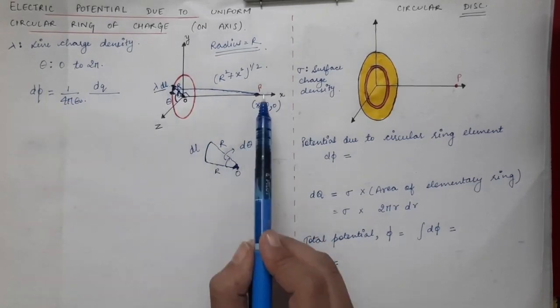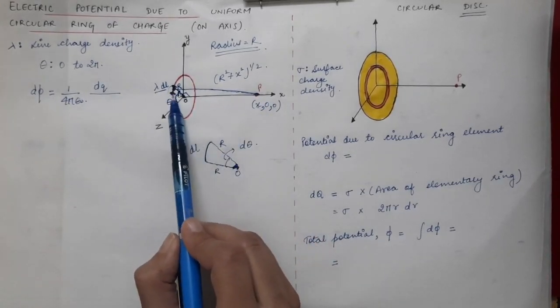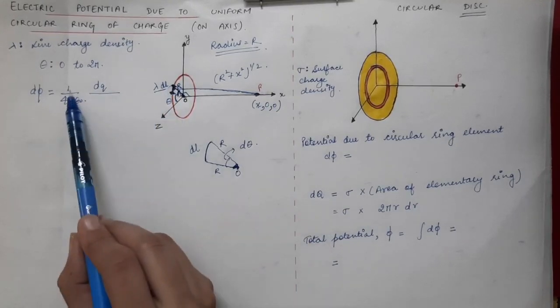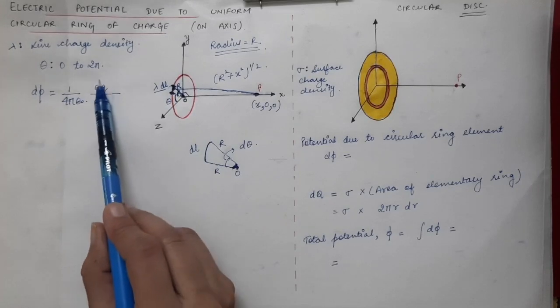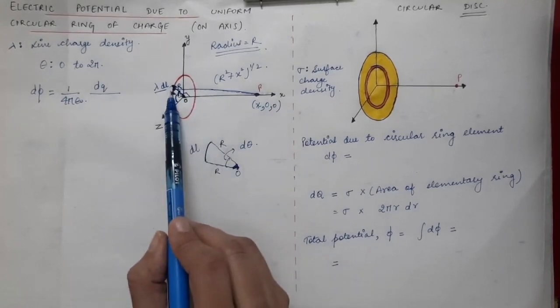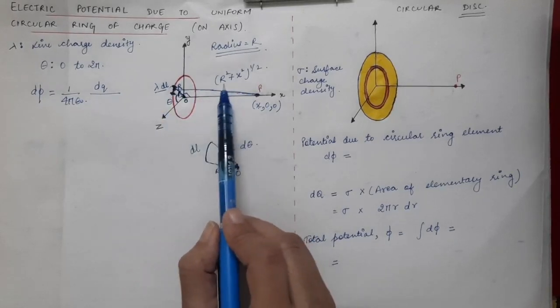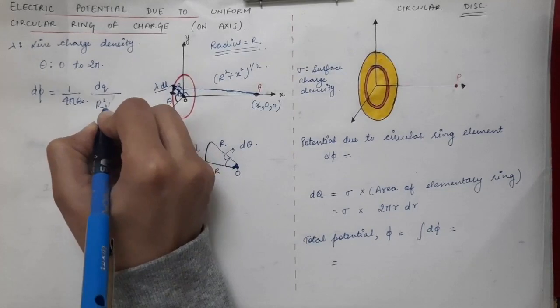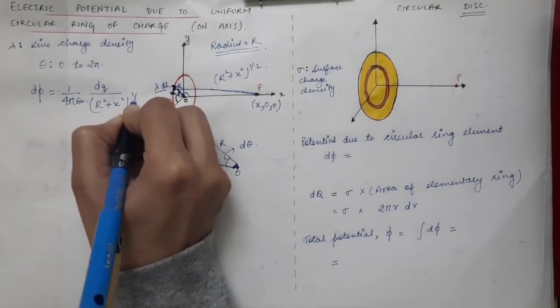So what will be the potential at point P due to the charge present on this small length element? That will be equal to 1 by 4 pi epsilon naught into the charge divided by the distance of the observation point from that charge, which we have just evaluated as (r square plus x square) power 1 by 2.